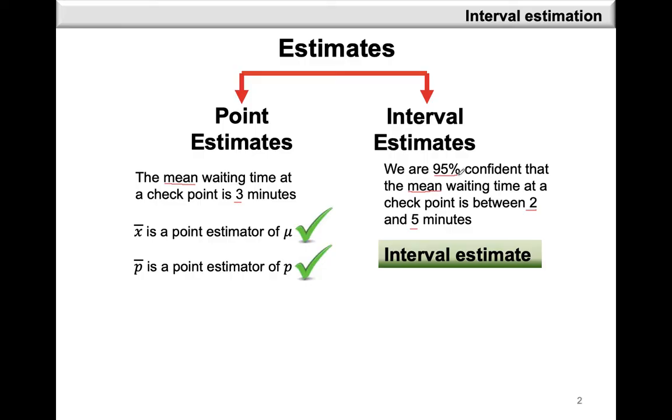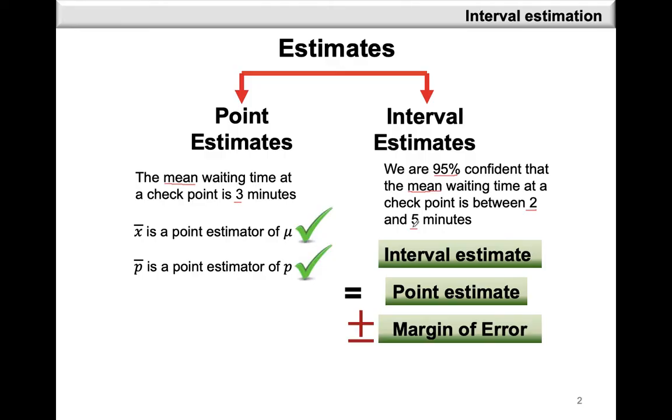You can see that we have a lower boundary and an upper boundary for our interval, as well as a probability of finding the parameter of interest in that interval. Our interval estimate is constructed as your point estimate, which is a single calculation or a single value reported, plus or minus a margin of error.